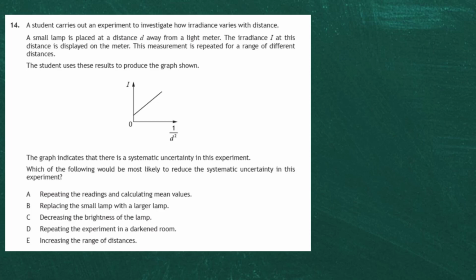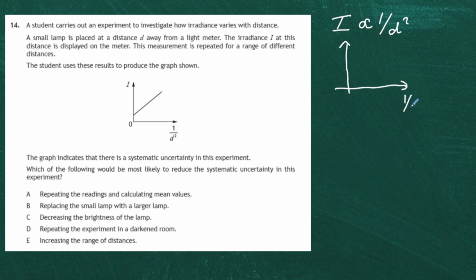Now we look at the graph, we can see the x-axis is 1 upon d squared and the y-axis is the irradiance, and it's not passing through 0. We know that the rule for irradiance is the following. The irradiance I should be borne out in experiment to be proportional to 1 upon d squared, which means that we should have a graph like this.